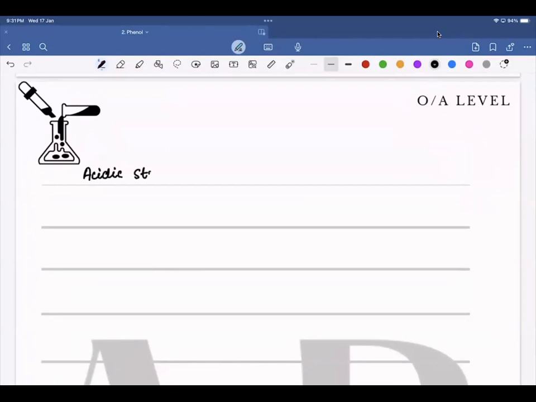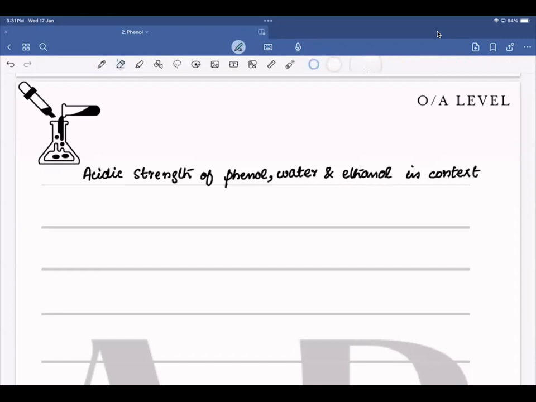Acidic strength of phenol, water, and ethanol in context of conjugate bases.